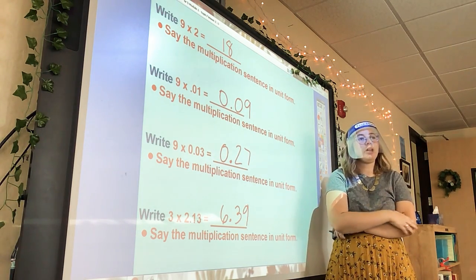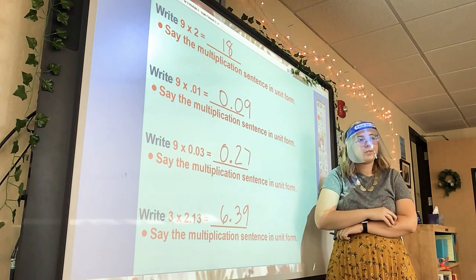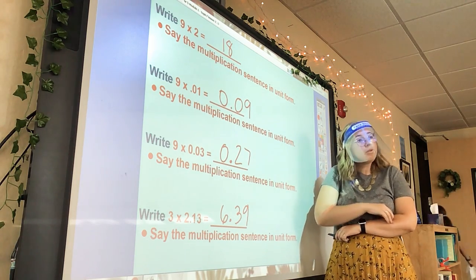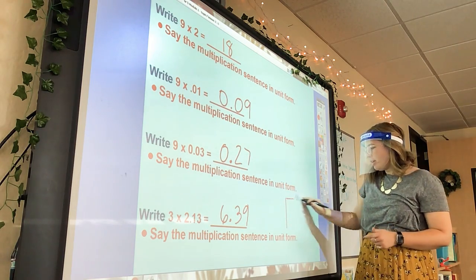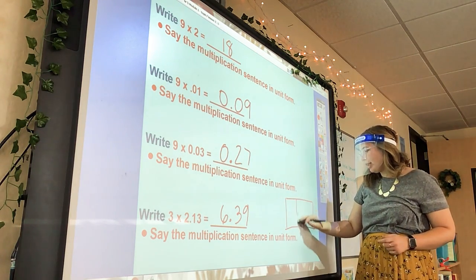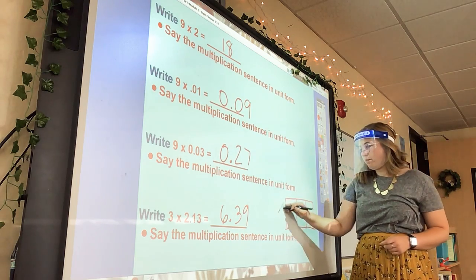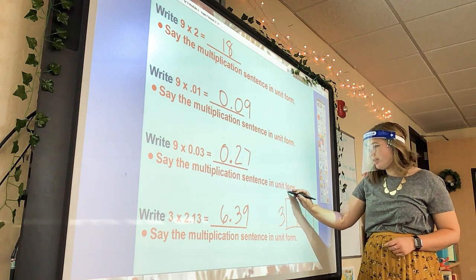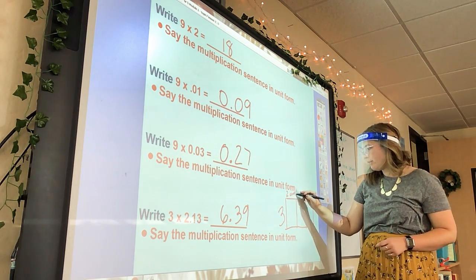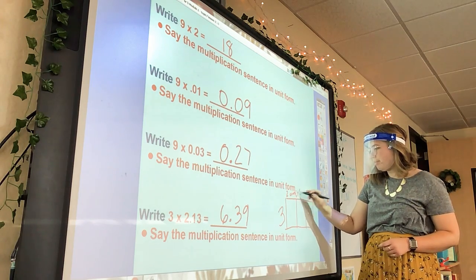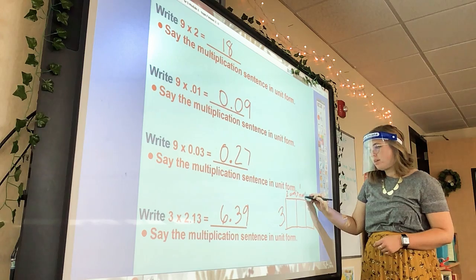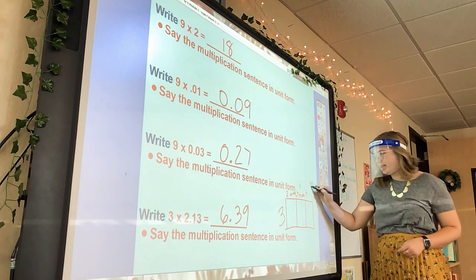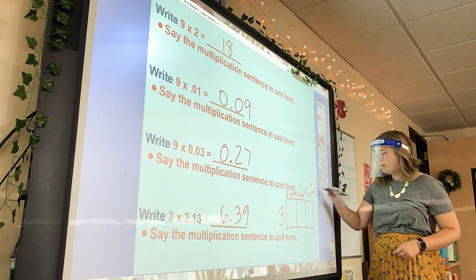What was your thought process? What were you thinking? Standard algorithm. Well, that's fine. That's fine. You would still get the same thing. But I was just saying, think of an area model so that you could kind of visualize like 2 ones, right? Decimal, and then plus 1 tenth plus 3 hundredths, right?